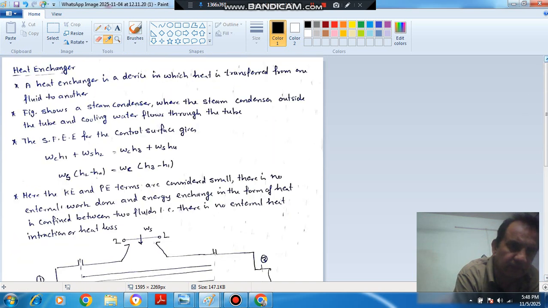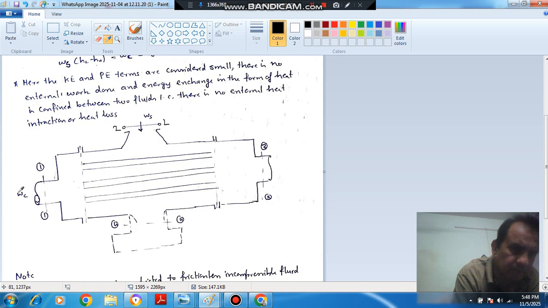Just reading this out: a heat exchanger is a device in which heat is transferred from one fluid to another. The figure shows a steam condenser where the steam condenses outside the tube and cooling water flows through the tube. This is the cooling water inlet and this is the outlet of cooling water. This is the inlet of steam and this is the outlet of steam.